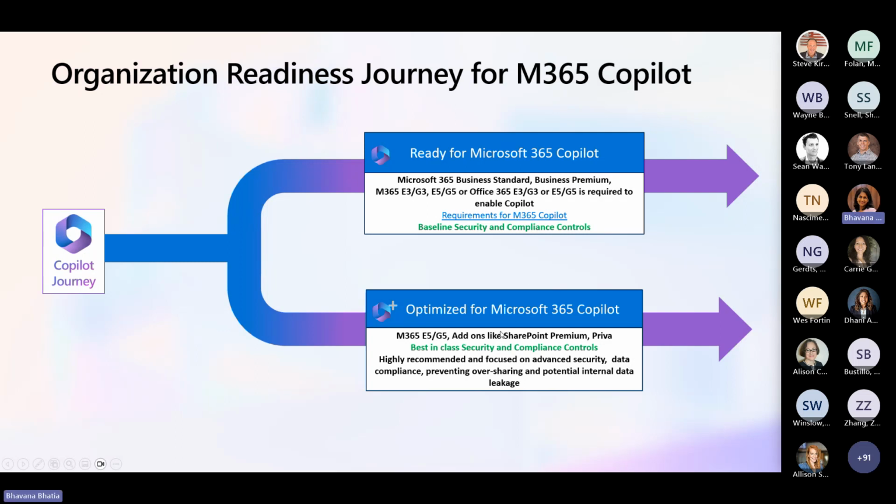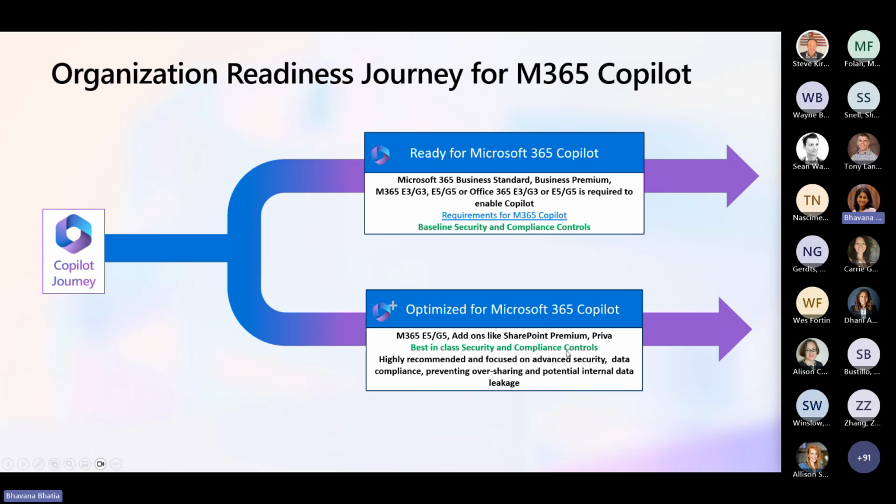Or the second path is organizations can choose the readiness journey that is highly optimized for Microsoft 365 Copilot. This path is optional, but it is highly recommended by Microsoft for Copilot readiness, and it can significantly reduce potential risks that are associated with generative AI.